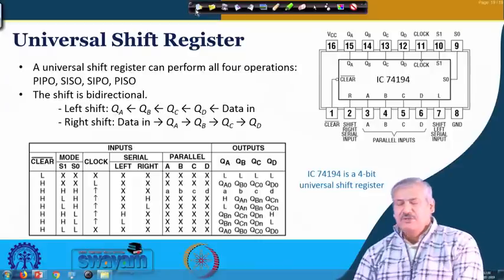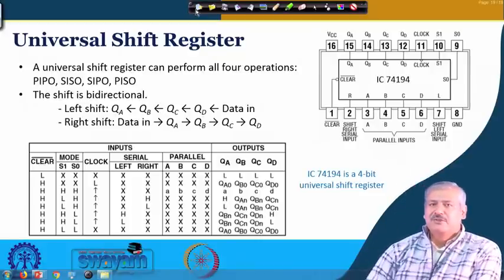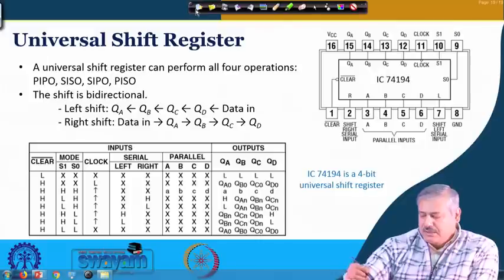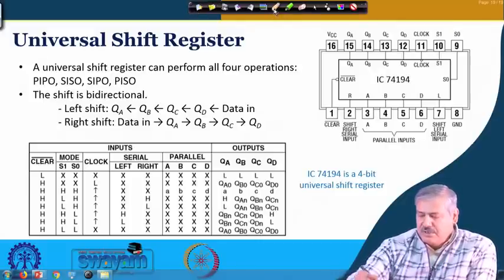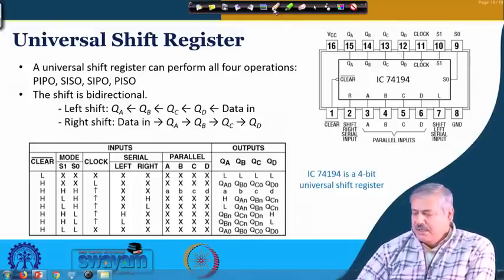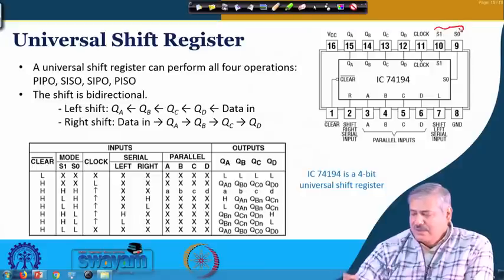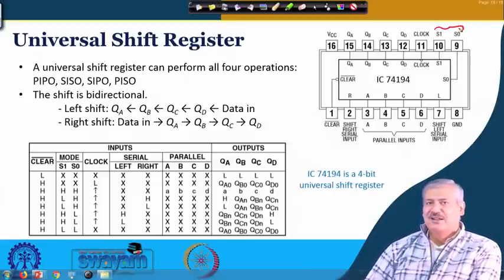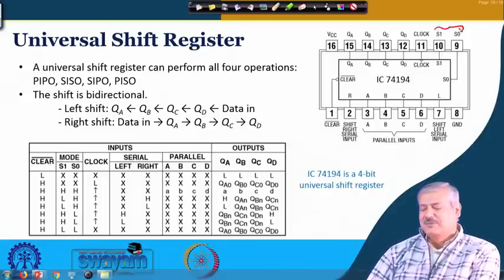So, let us look again at a practical circuit which will help us in understanding how it works, and we shall look at the inside circuit as well. You can see this is IC 74194. It has S1 and S0, two control inputs, not one. Earlier, with shift/load, there was only one control input.